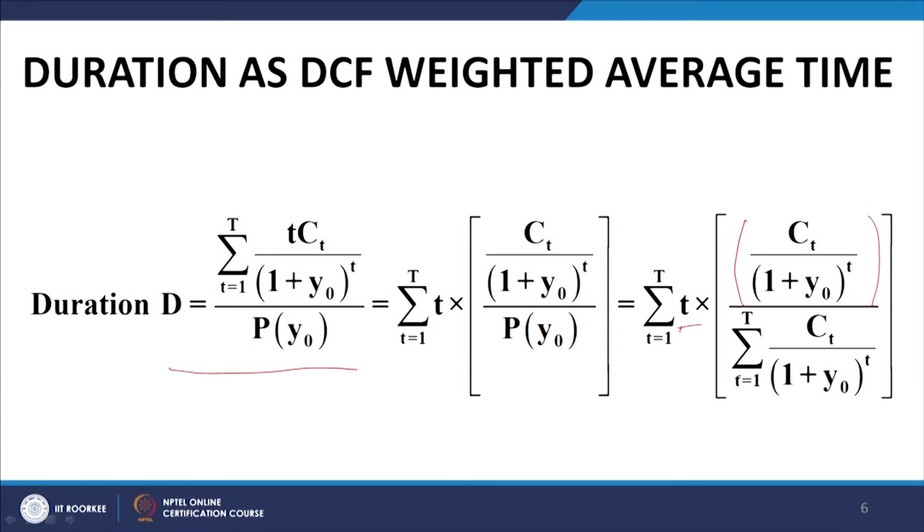So, the expression within the square brackets constitutes the weights. And what are these weights? These weights are the discounted value of the cash flows expressed as a fraction of the full price, which is the denominator, which is the DCF value of the market price. And what is being weighed? That is the time to the various cash flows.